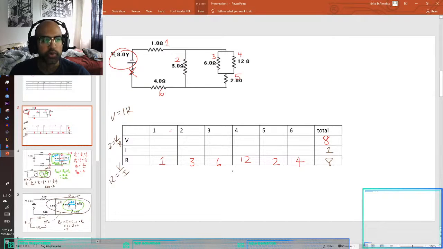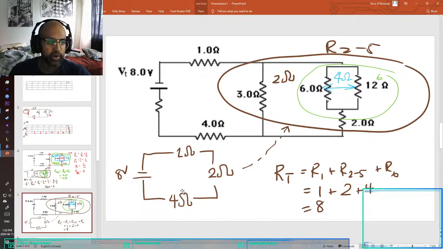Anything else we can do? Wait a second, now we can analyze our circuit. In this diagram here, how much of the current did this 4 ohm resistor get? It got everything, because all the electrons were passing through 4. Then they split up, but in the different branches, if we added up all the currents for resistor 2, 3, 4, and 5, well, that's all the current, because everything came from that power source.